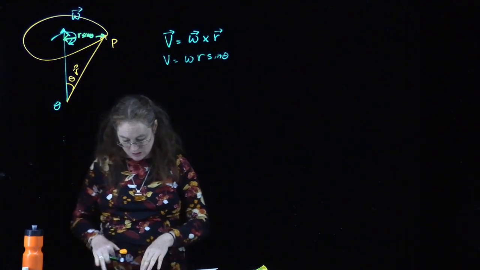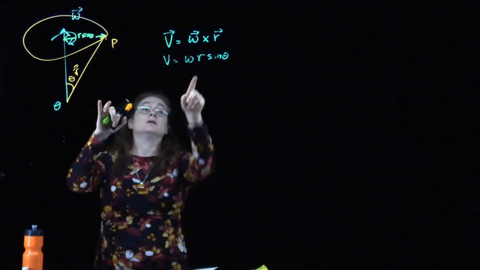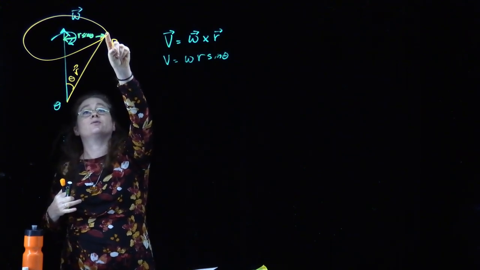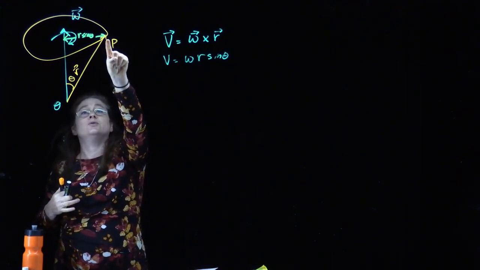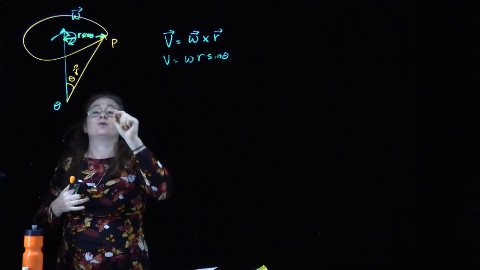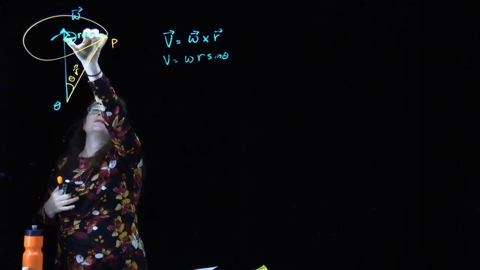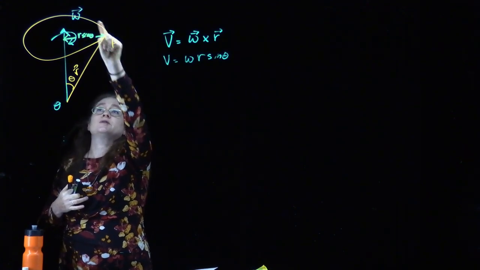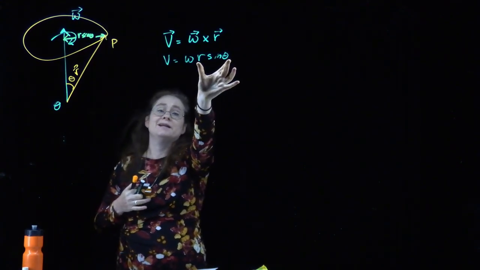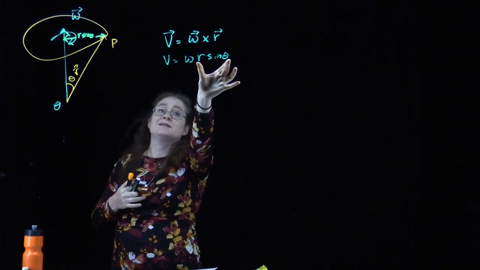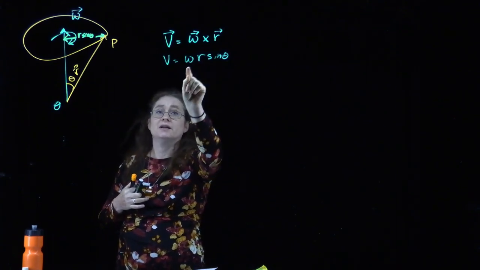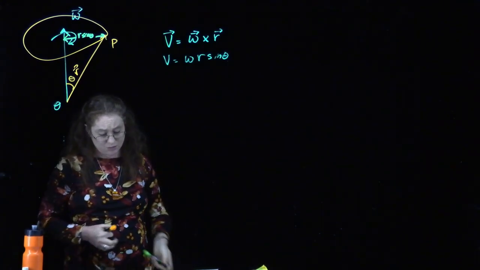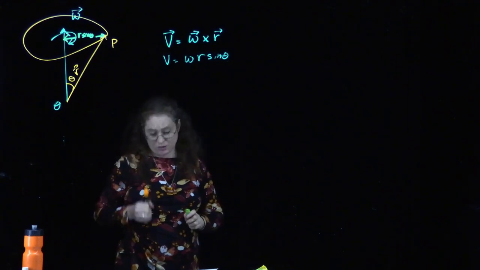If you wanted to look at the velocity at this point P due to that rotation, the velocity is the radius times the angular velocity. The radius, the distance from the axis in this case, is r sine theta, and then multiplied by the angular velocity gives us the velocity at this point P due to the rotation.